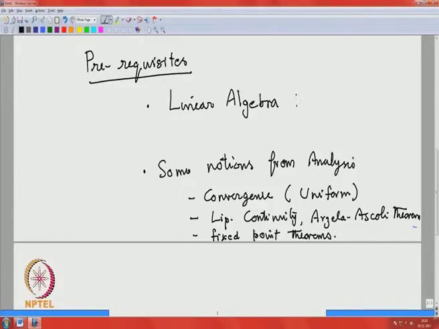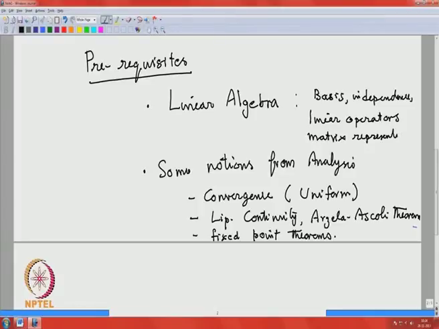And in linear algebra, notions like basis, independence, and you also need to know concepts like linear operators, matrix representation, concepts like eigenvalues and things like that, etcetera. You want to know that.